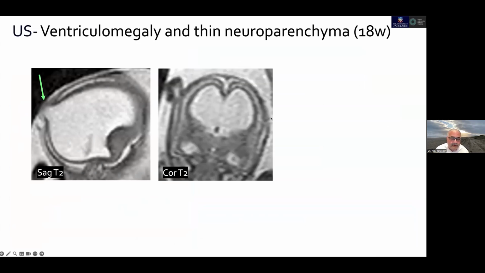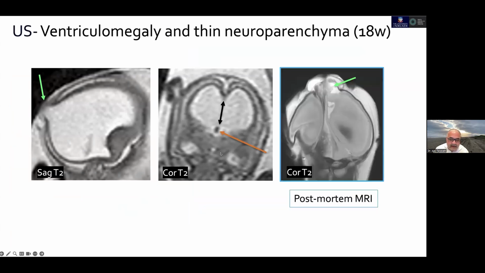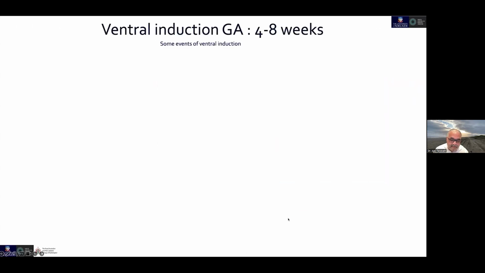Then we have the coronal, where there is a pressure erosion of the septal leaflets secondary to the ventriculomegaly, and hence you have a low fused fornicial pseudonodule. And that's a postmortem MRI, coronal T2, that shows the herniation of the neuroparenchyma through the defect. So this is a case to illustrate the multi-site closure of the neural tube.